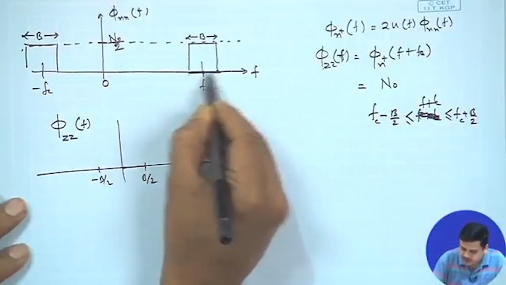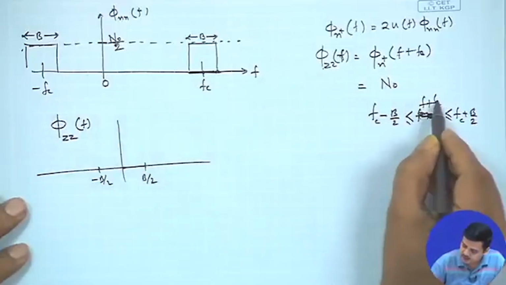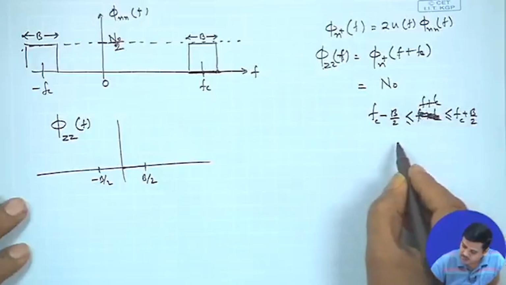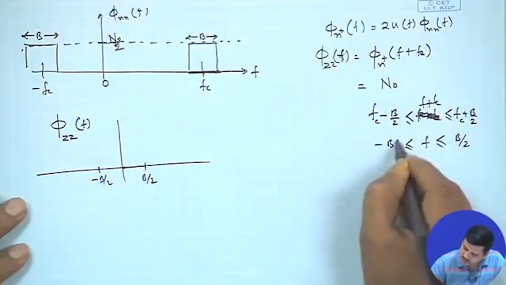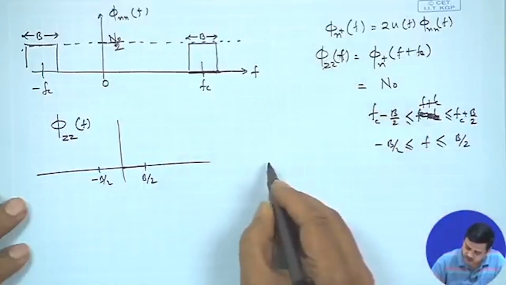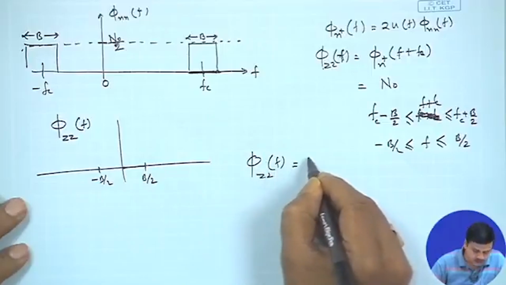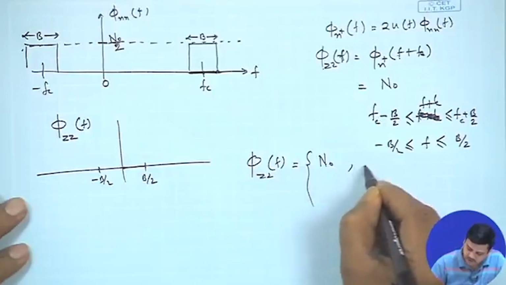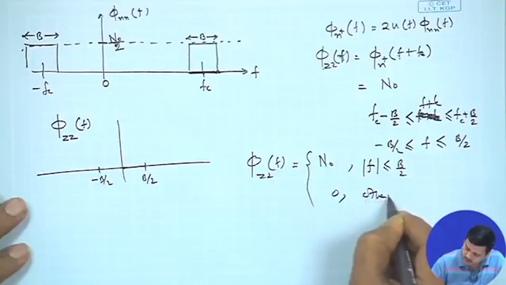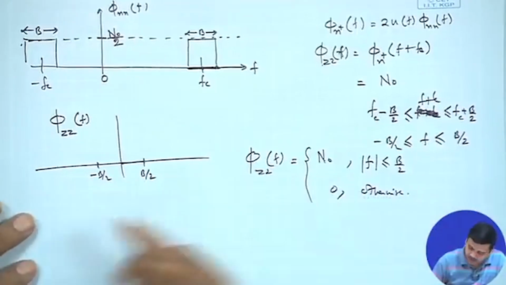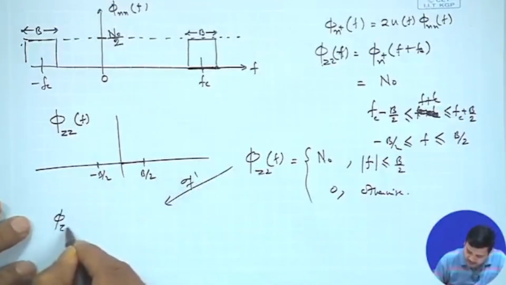Only in this range is this value equal to n naught, and otherwise it is equal to 0. So, if we now work on this equation, for f lying between b by 2 and minus b by 2, this is equal to n naught. In other words, phi z z of f is equal to n naught for the magnitude of f less than or equal to b by 2, and 0 otherwise.